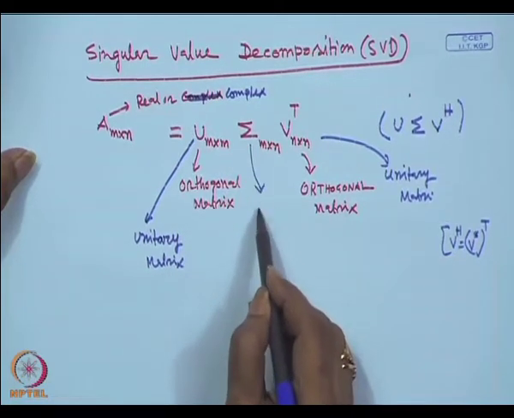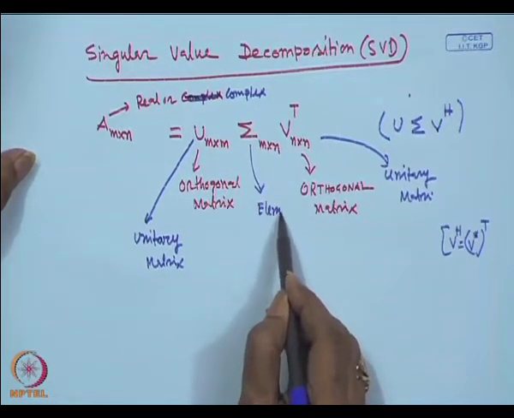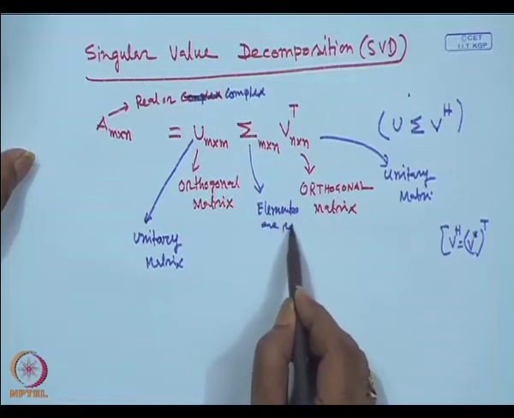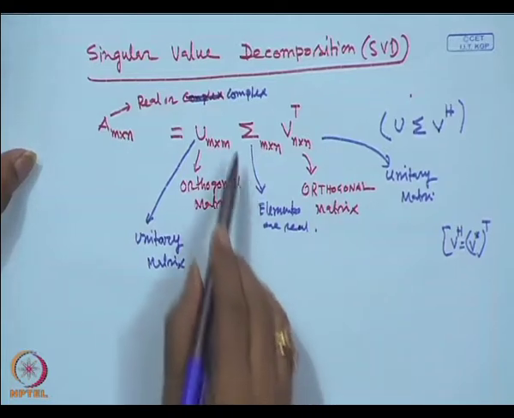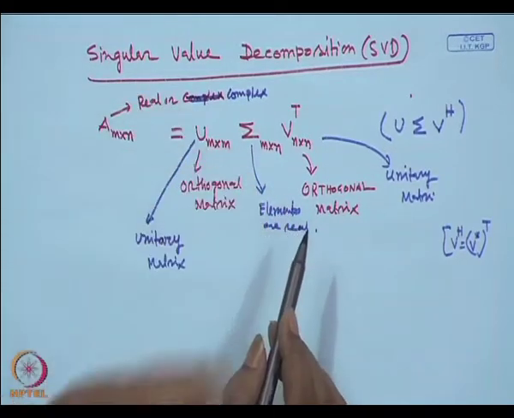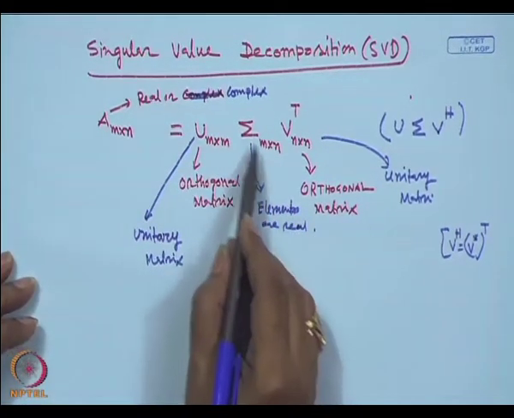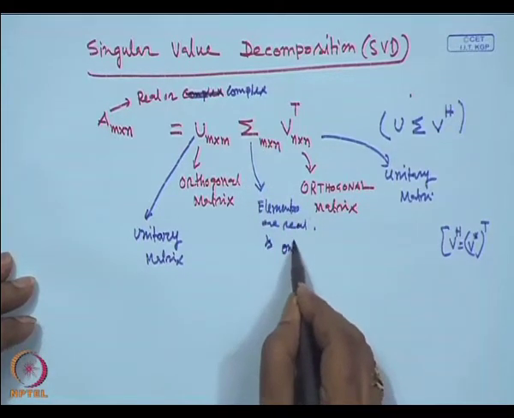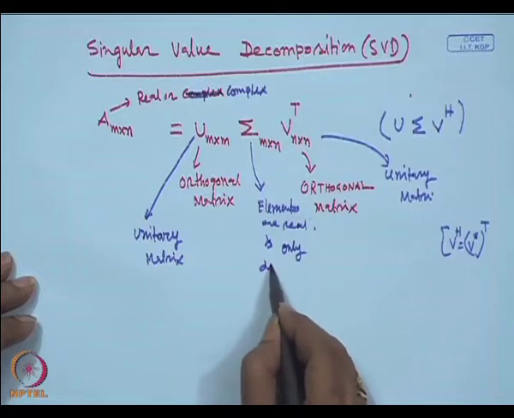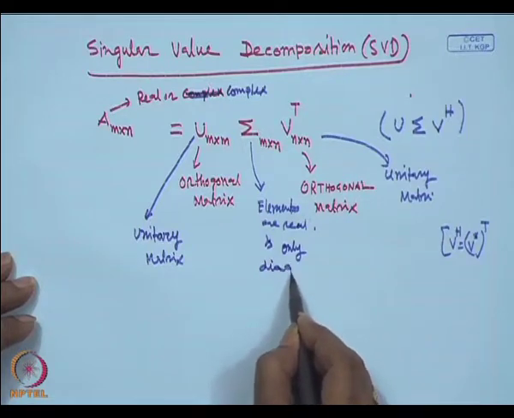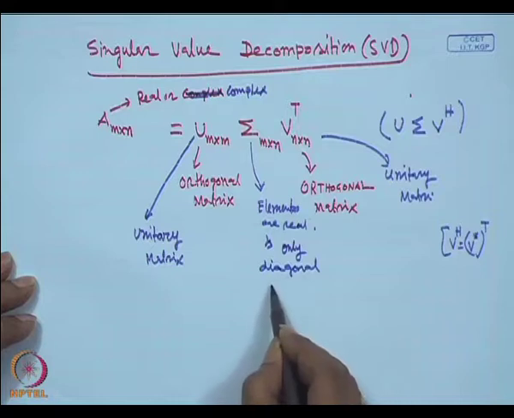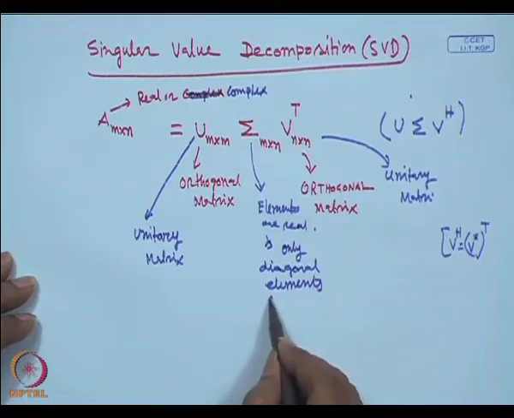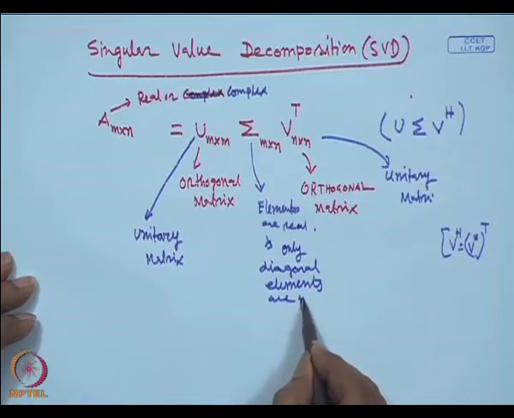The elements of sigma are real, and in this rectangular matrix only diagonal elements are present.